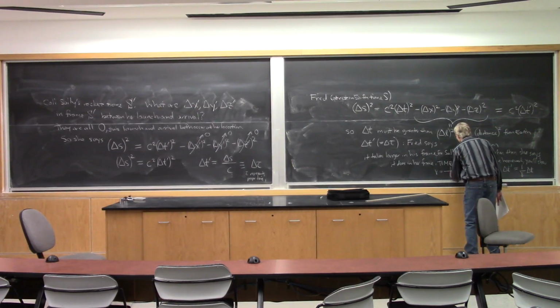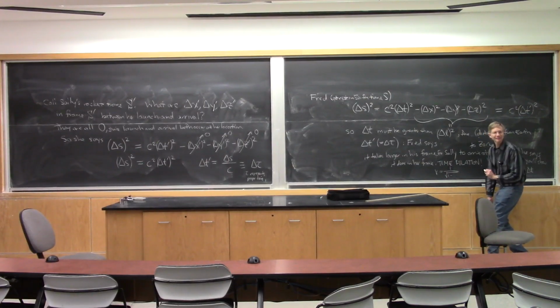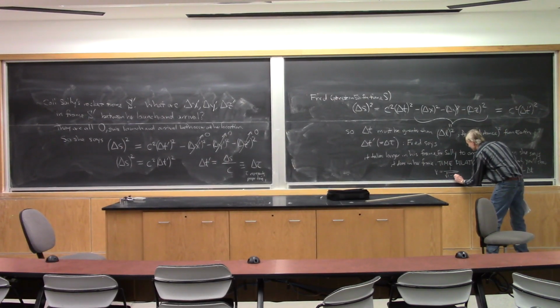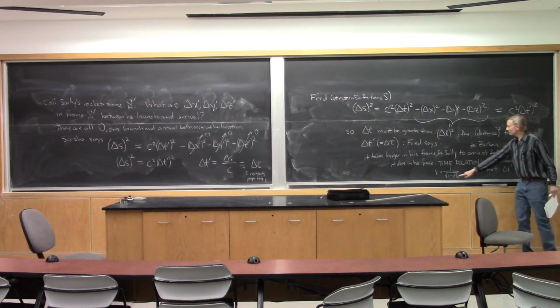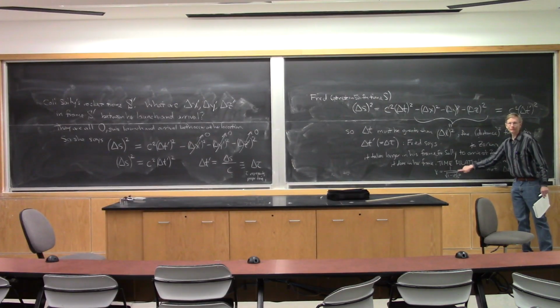Yeah, 1 over the square root of 1 minus v squared over c squared. So this is always going to be bigger than 1, because the square root of 1 minus v squared over c squared is smaller than 1, and 1 over something smaller than 1 is bigger than 1.